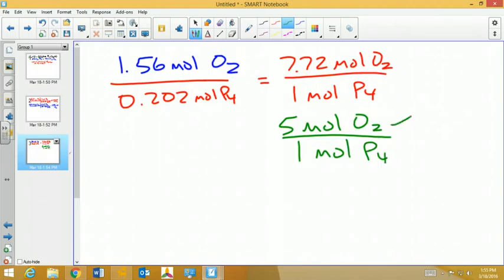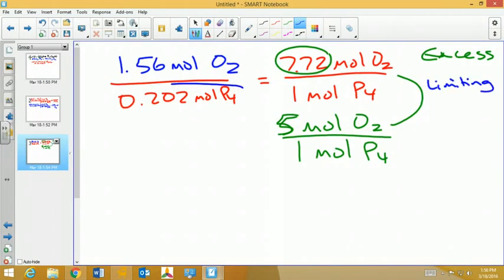And now I'm going to compare these 2 numbers, the moles of O2. I need 5 in order for this reaction to happen, but I actually have 7. So therefore, my O2 is my excess reactant, and my P4 is my limiting.